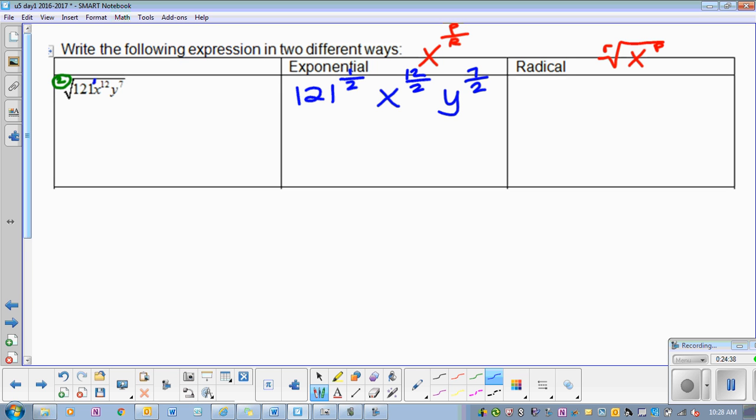Now, your 121 to the 1/2 power, you have to put that in your calculator. If you get a nice, pretty number, use that. If you get a decimal, just leave this. So put in 121 to the 1/2 power. Remember how to put it in? You have to put parentheses around the 1/2.